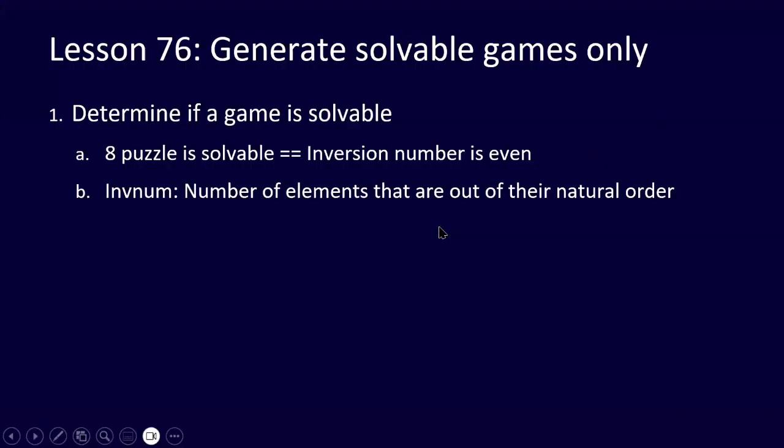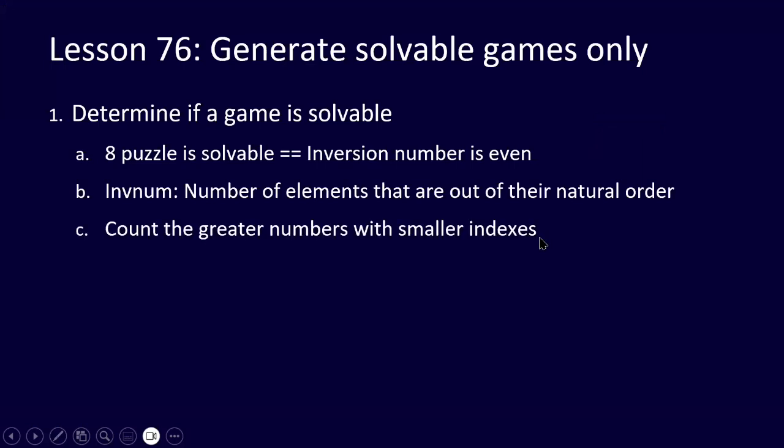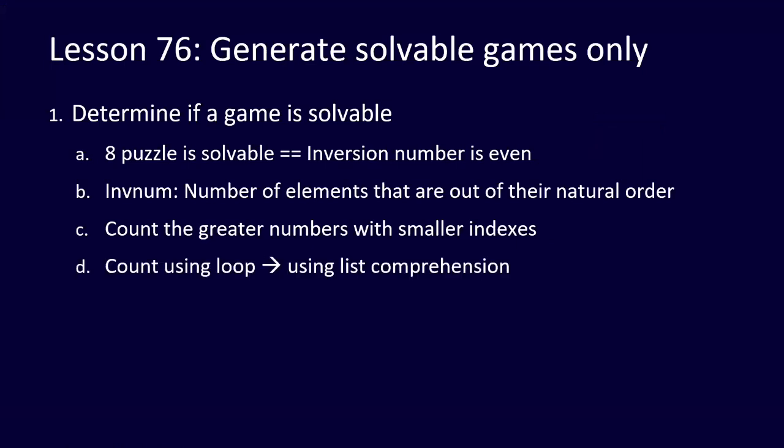But simply said, it's the number of elements that are out of their natural order. So I say it's the sum of the panels that have greater numbers with smaller indexes. So let's try this and find if we can use it for solvability determination.